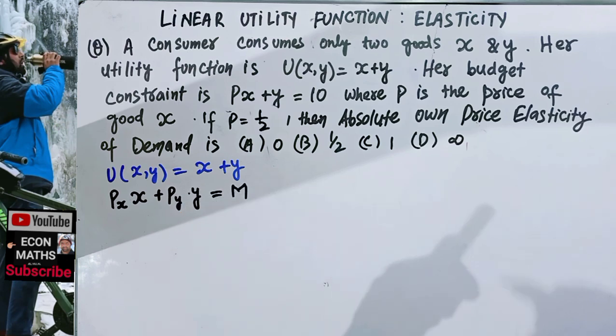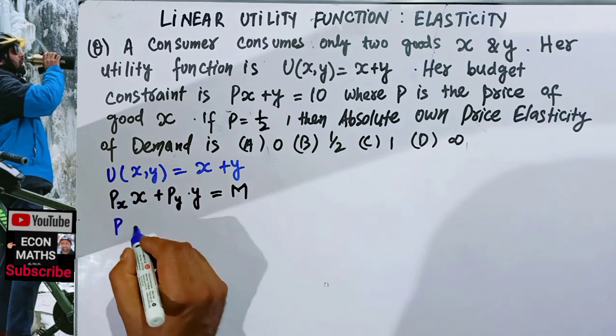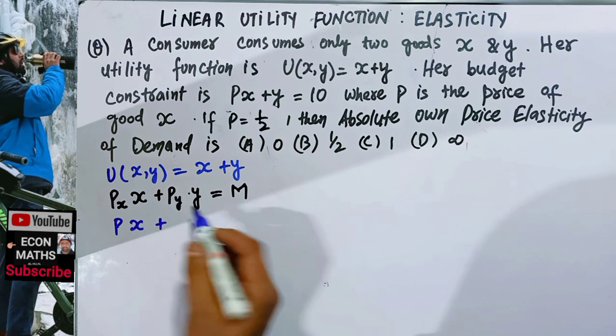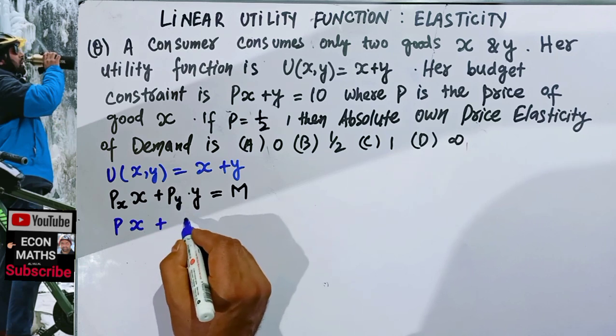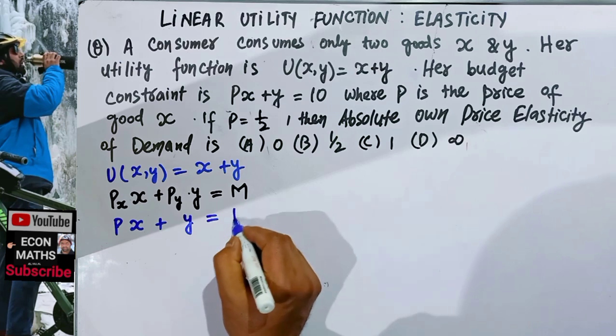This is our general budget constraint. And in place of px we have p. P times x plus, in place of py we have, since we have only coefficient 1 here, so py is here 1, we will not write it here. So m is our total income, equal to 10.